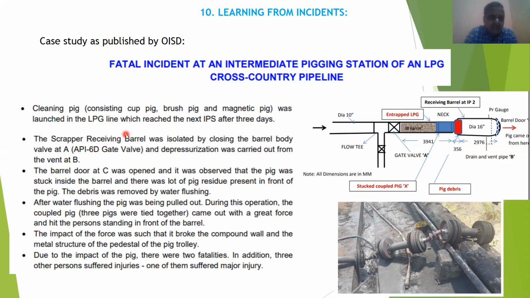A cleaning pig consisting of a cup pig, brush pig and magnetic pig was launched in the LPG line, which reached the next IPS after 3 days.